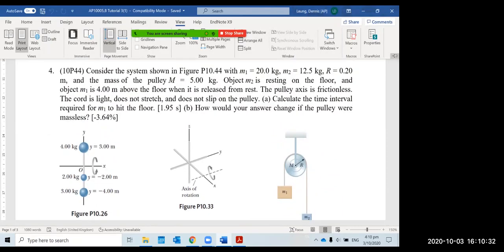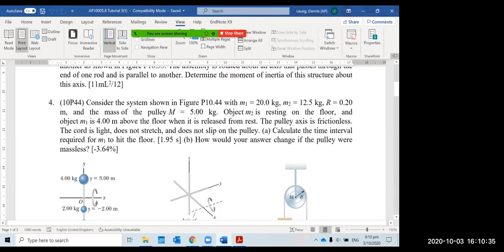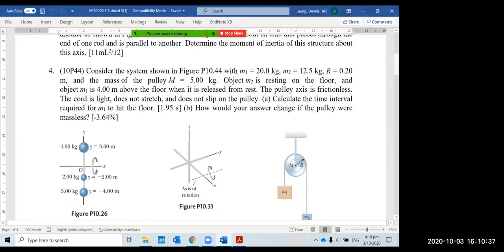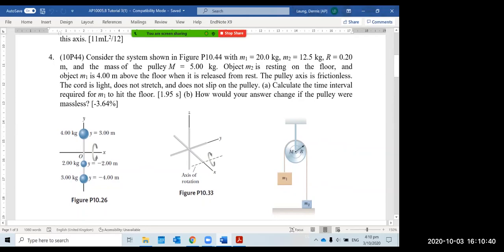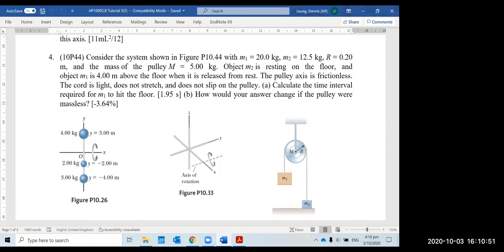The diagram of question number 4 is the right-hand side diagram. It will be related also to example 10.12, but here we just take a look at question number 4.